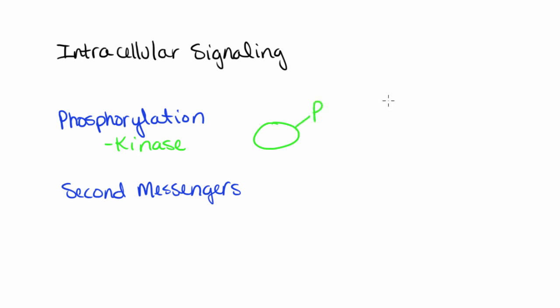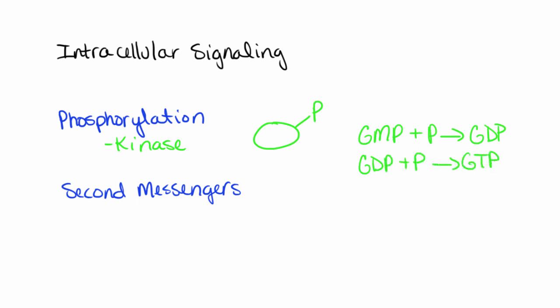So if you have a substrate like this, they'll come along and add a phosphate onto that. A common one is that GMP will get a phosphate added to it, and it will then turn into GDP. And we can add yet another phosphate onto the GDP, and it can be turned into GTP. That GTP and GDP will have specific effects that they exert inside the cell once they have been phosphorylated.